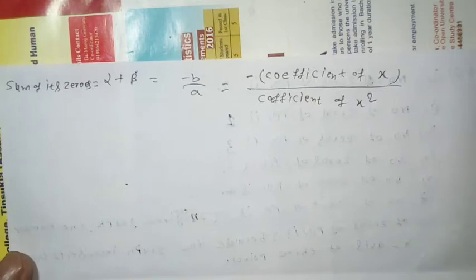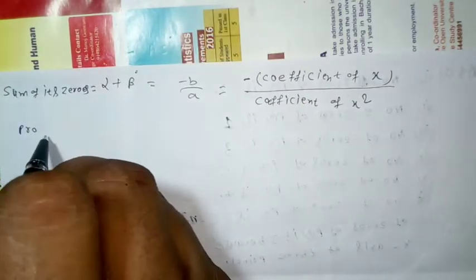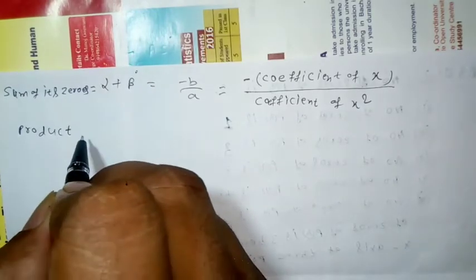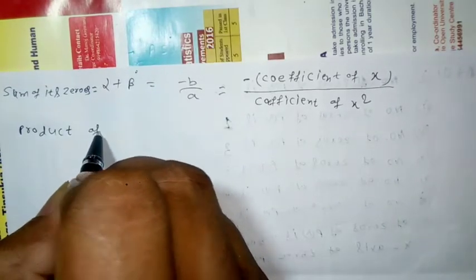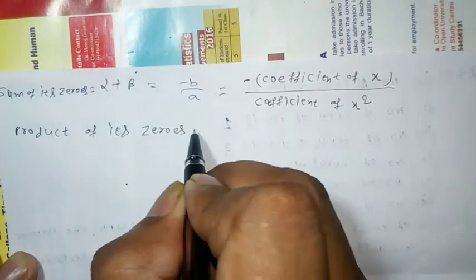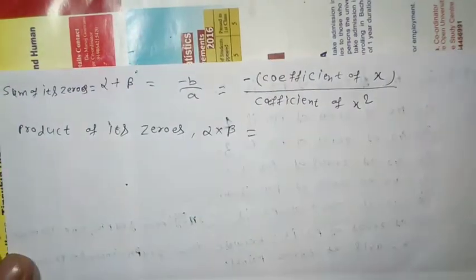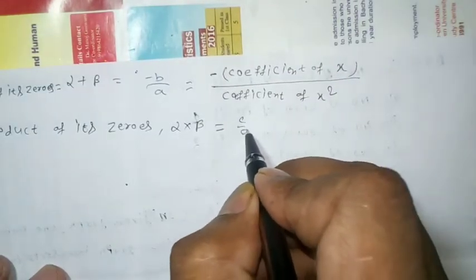Product of its zeros, alpha into beta, is equal to c by a.